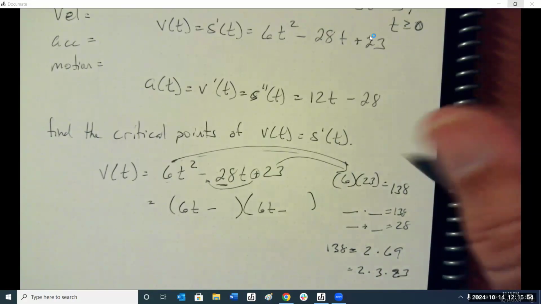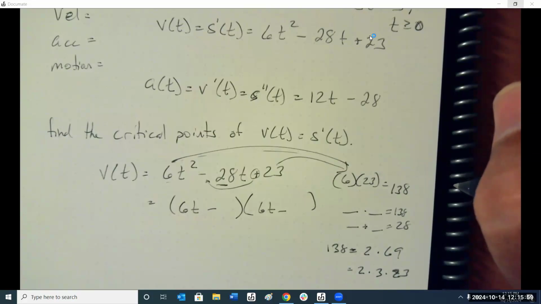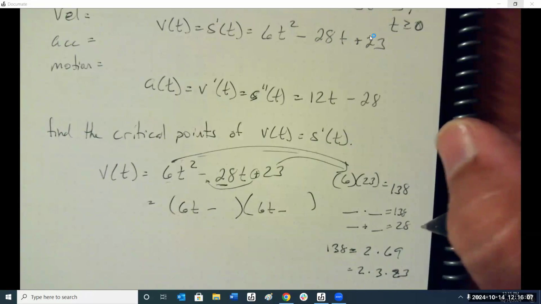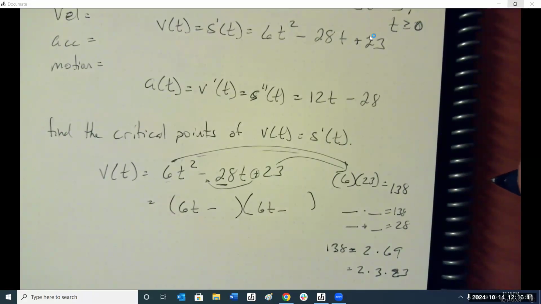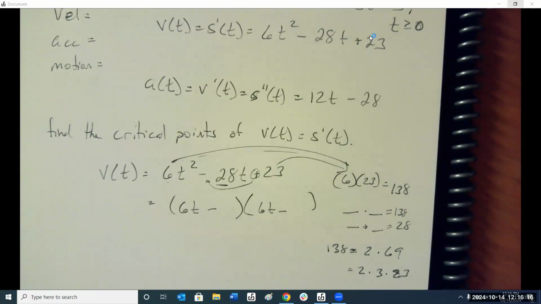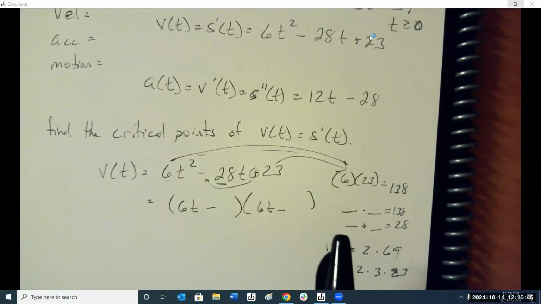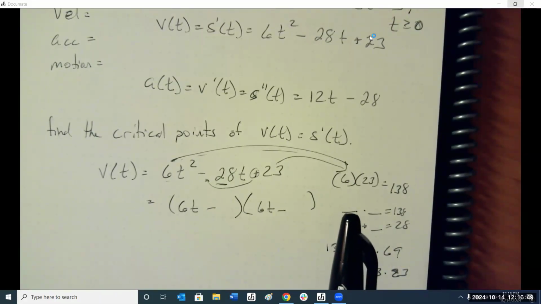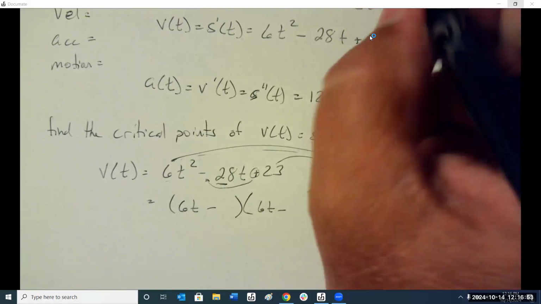Use a prime number. That's what the problem is. It's not 23, it's 22.